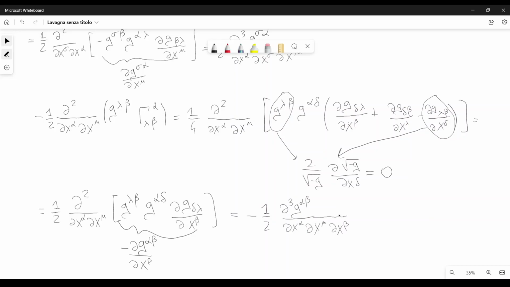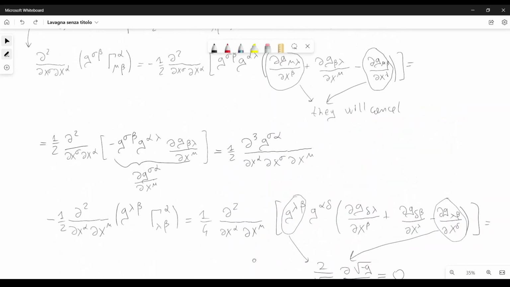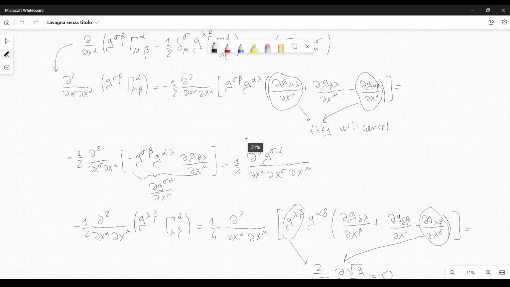Now you see that this term here is equal to minus this term here. So this term and this term will cancel.